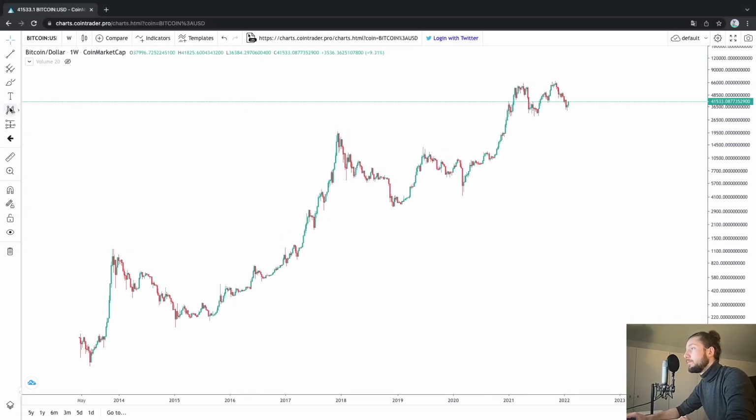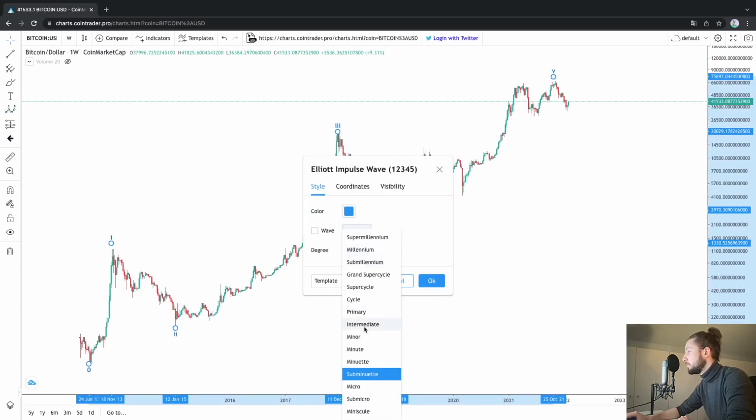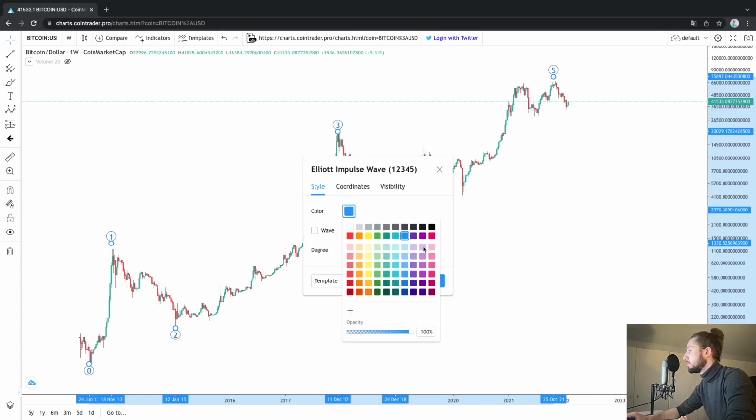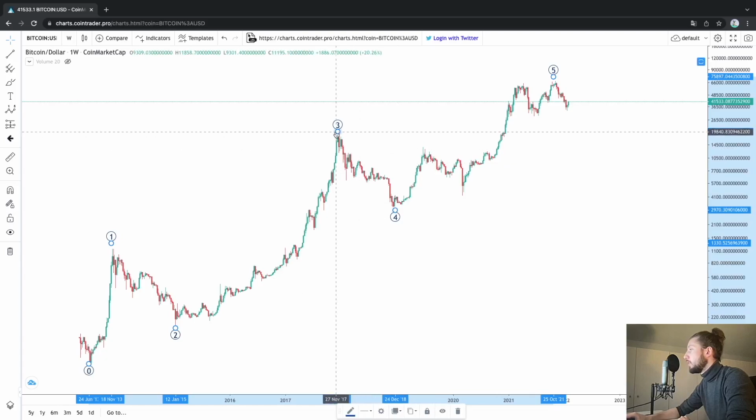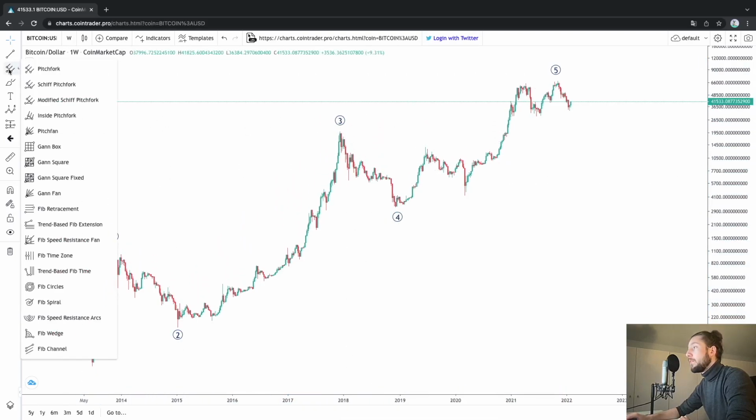So firstly, what I'm looking at is counting the waves: 1, 2, 3, 4, 5. Then we look at the Fibonacci levels.